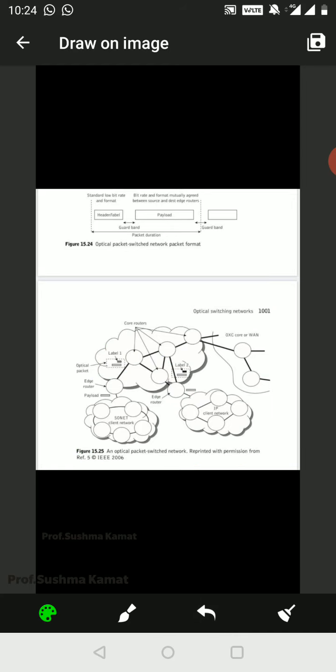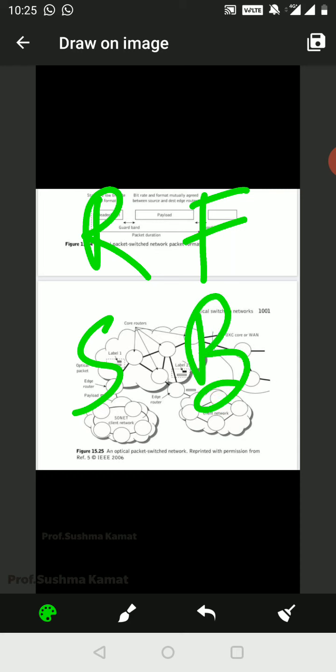If this question comes in exam, you are supposed to first write that an optical packet switched network is transported entirely in the optical domain without any intermediate optoelectrical conversions. Here there will be optical packets which will be majorly doing 4 functions. The first one is routing, second is forwarding, next is switching, and the last one is buffering.